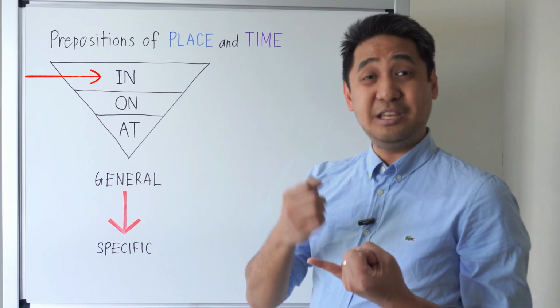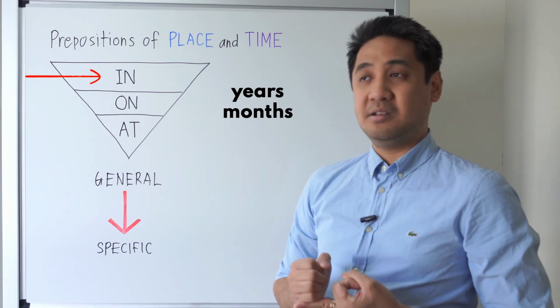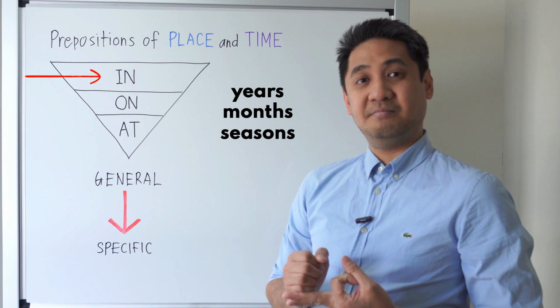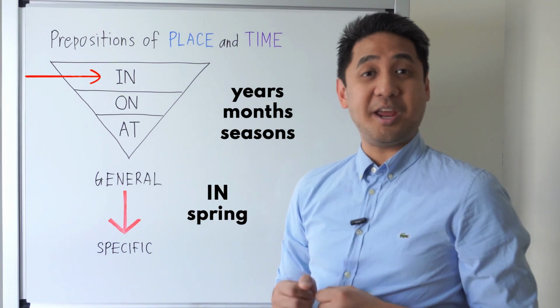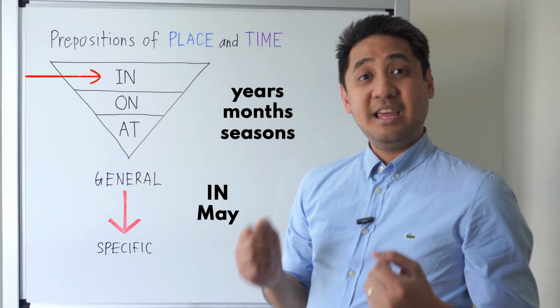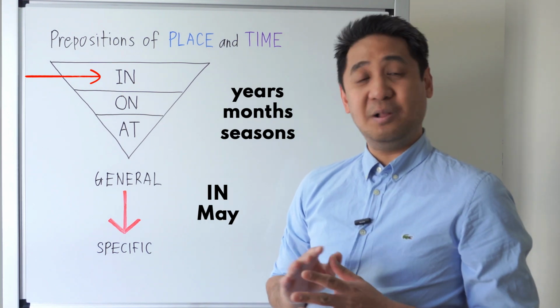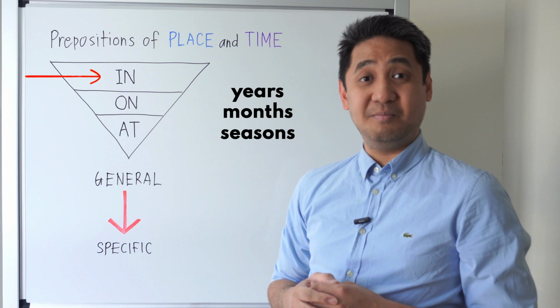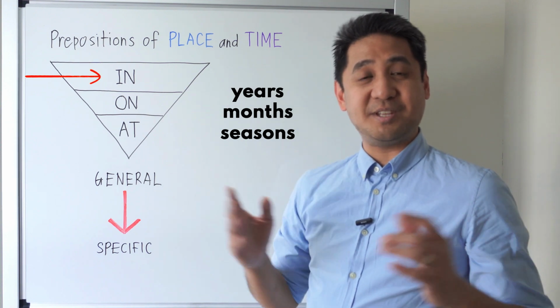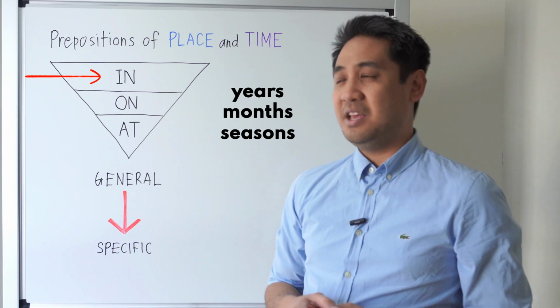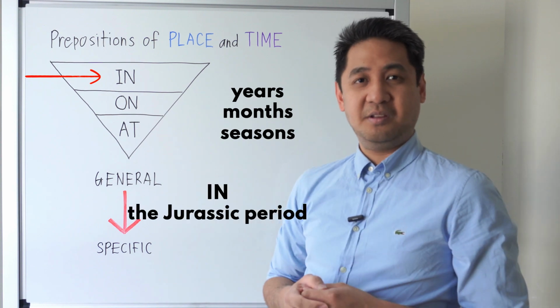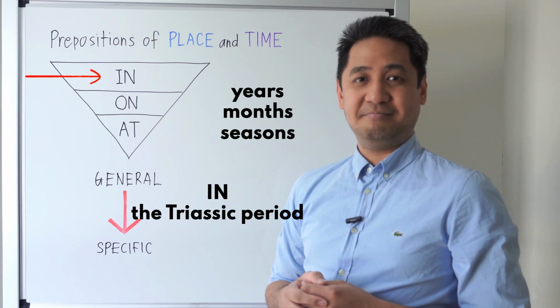For example, years, months, seasons. In 1993, in spring, in May. All of these use the word in because they are longer periods of time. You can even use in for even longer periods, such as in the Jurassic period, in the Triassic period.